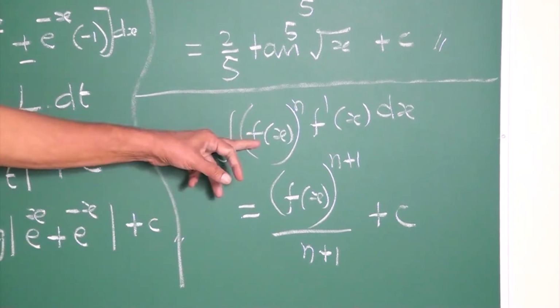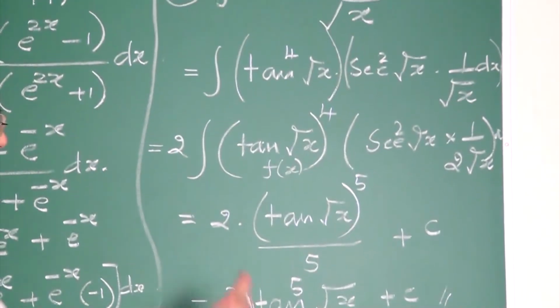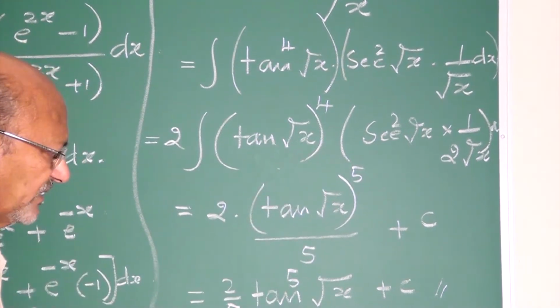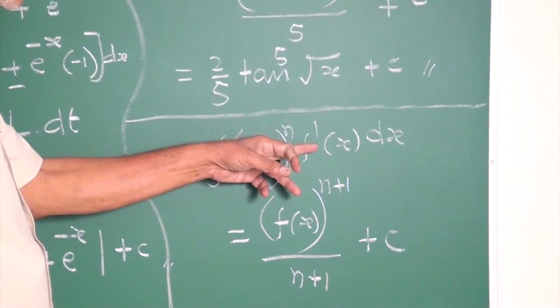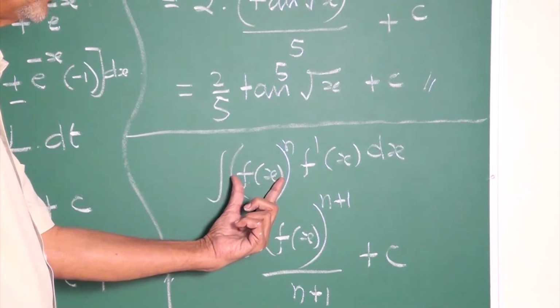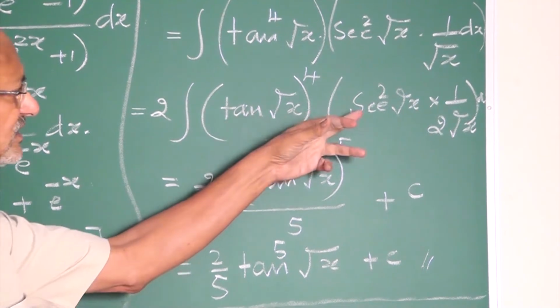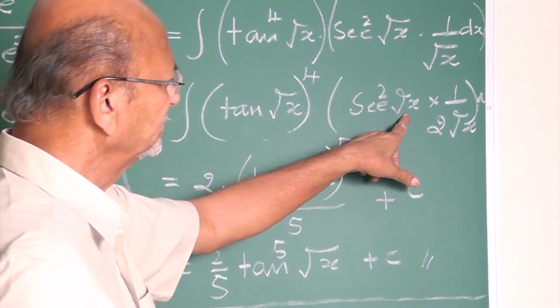See, what is your f x? Tan root x. Then you have to write f dash. This derivative is nothing but inside the bracket. What is inside the bracket? Tan root x. What is the derivative of tan? Sec square root x. Is it x? No.